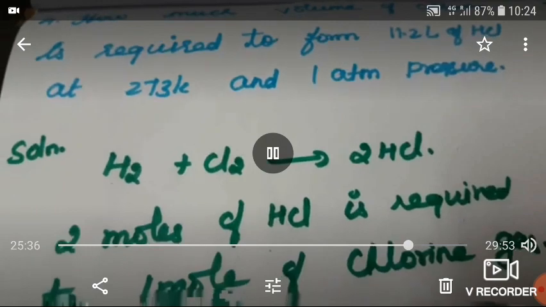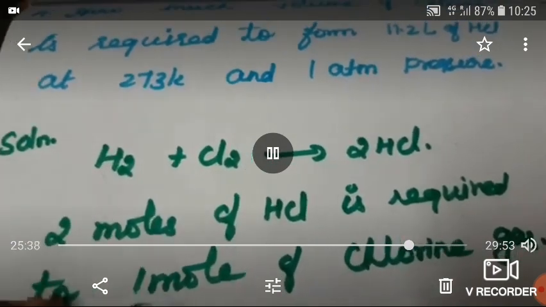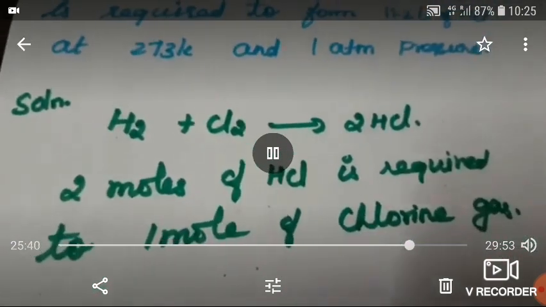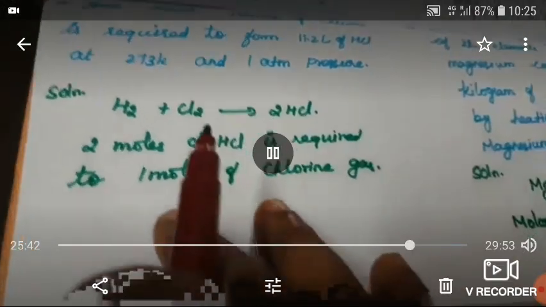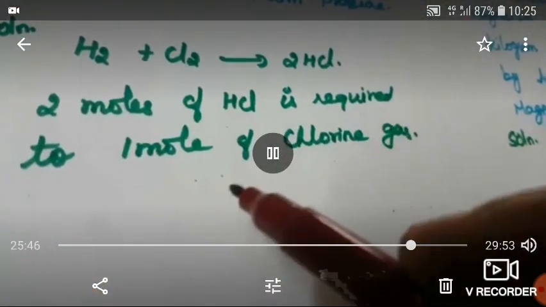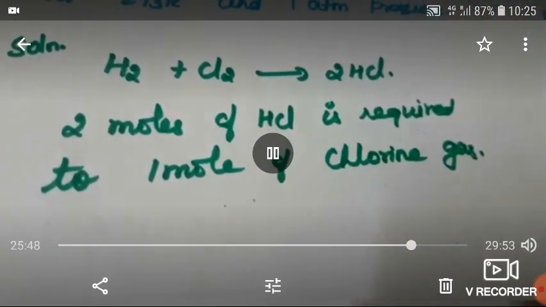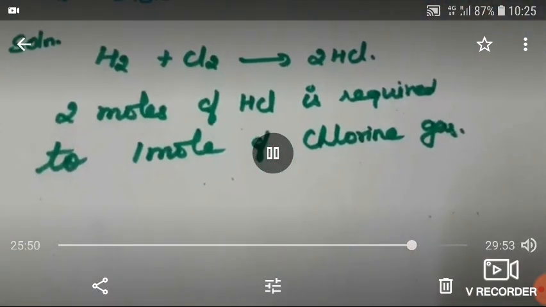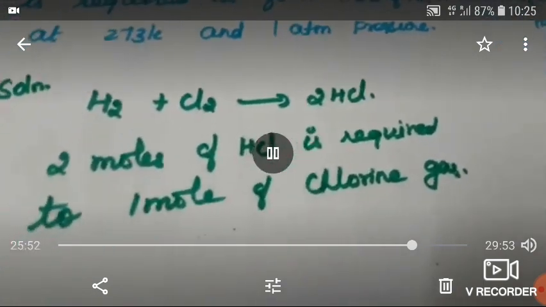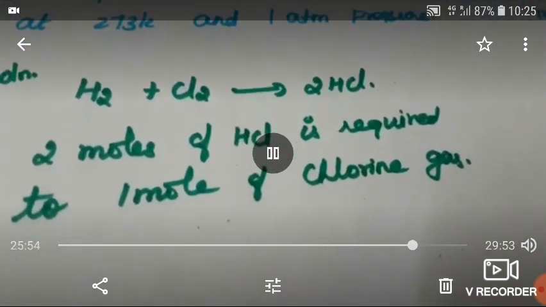For formation of 2 mole of hydrochloric acid, we need 1 mole of chlorine gas. So this is the first step.